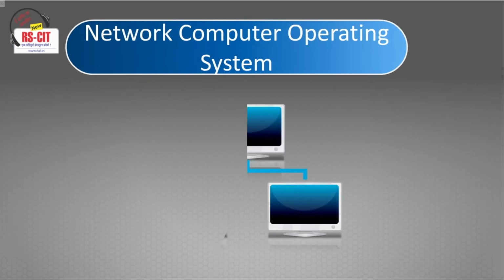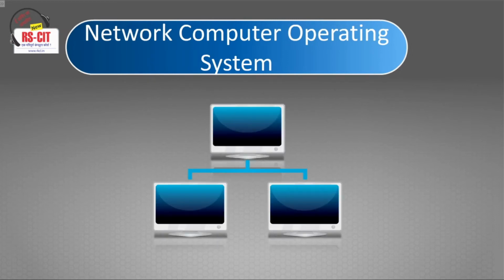Network computer operating system: these operating systems are used in a network of computers linked together, and they allow shared file and printer access among multiple computers and enable sharing of data, users, applications and other networking functions, typically over a LAN or private network.